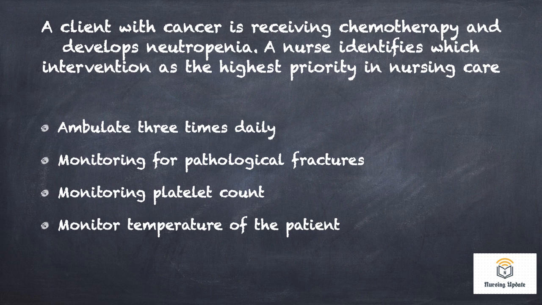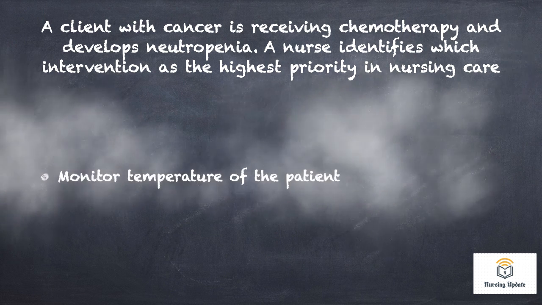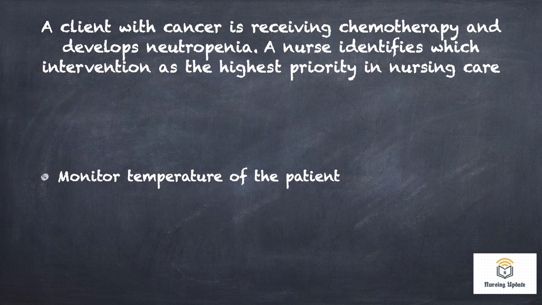As a nurse, what is the most important intervention you do? The answer is monitor temperature of the patient. The most life-threatening, fatal side effect of chemotherapy is febrile neutropenia.